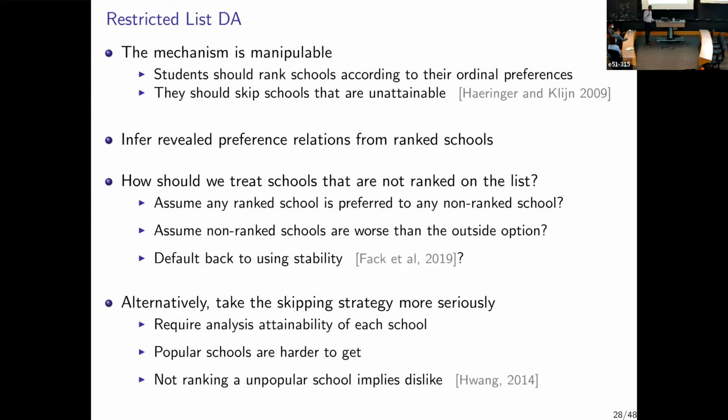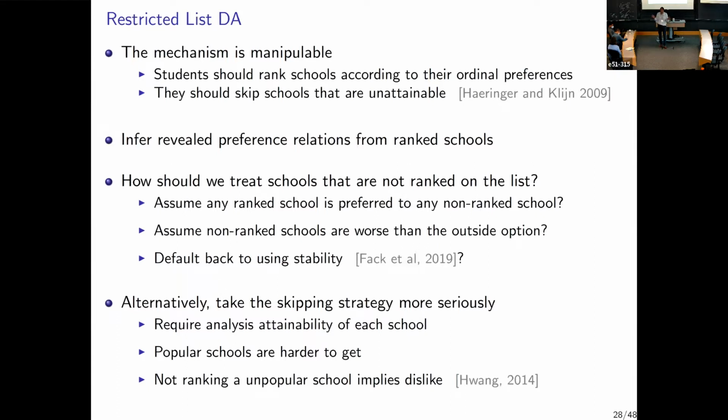Okay, so those are all like easy fixes. These are things that, given a particular setting, I can make an assumption that I think is reasonable in my setting. And there's another approach that says, no, let's try to take this skipping behavior more seriously.